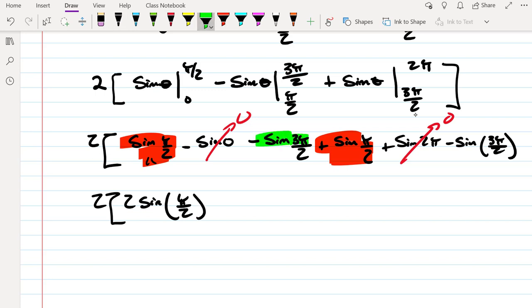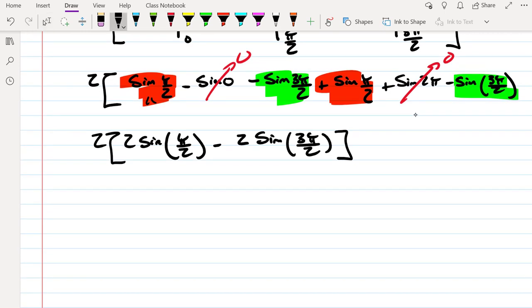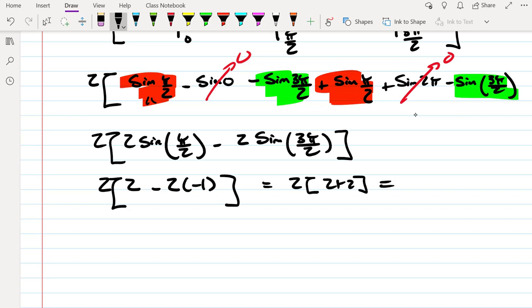And these two guys are like terms, and that's going to give me minus 2 times the sine of 3 pi over 2. And the sine of pi over 2 is 1, so that's 2 times 2 minus 2, and the sine of 3 pi over 2 is negative 1. So we get 2 times 2 plus 2, which is 4, and 2 times 4 gives us 8. All right.